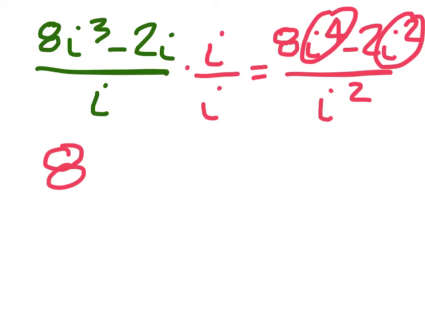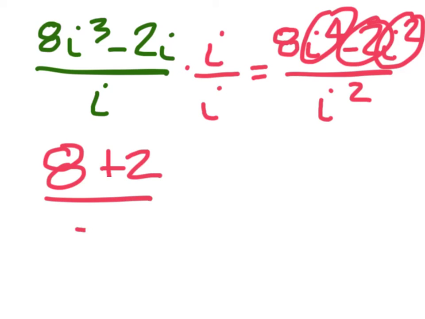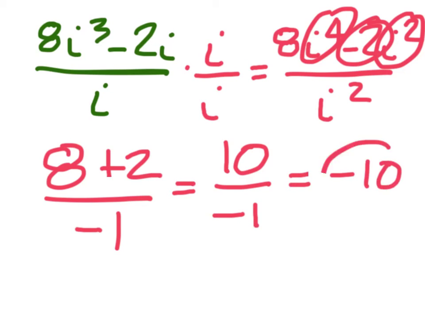And i squared is negative 1 times the negative 2 is plus 2. On the bottom, I have negative 1. 8 plus 2 is 10 over negative 1 is just negative 10.